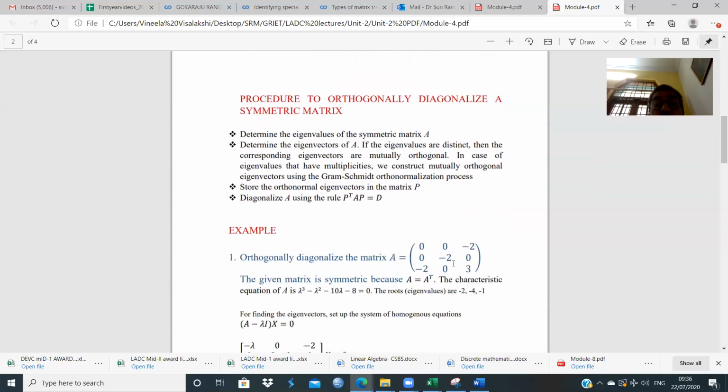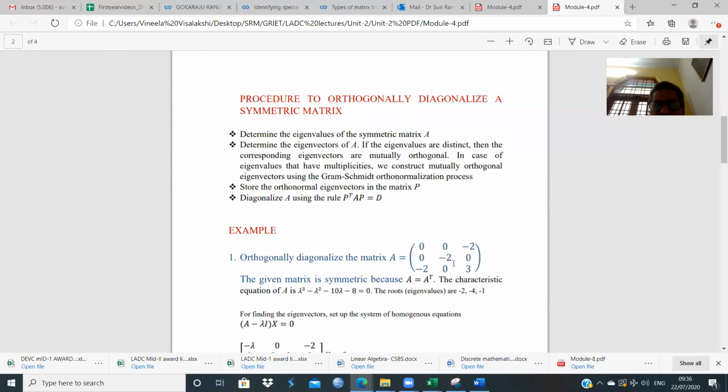Now, what is the procedure by which we can orthogonally diagonalize a symmetric matrix? First, determine the eigenvalues of the symmetric matrix A and determine the eigenvectors of A. Now here we have to be careful. If the eigenvalues are distinct, then the corresponding eigenvectors are mutually orthogonal.